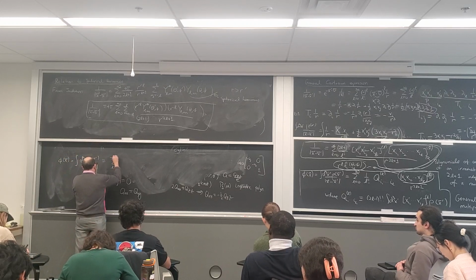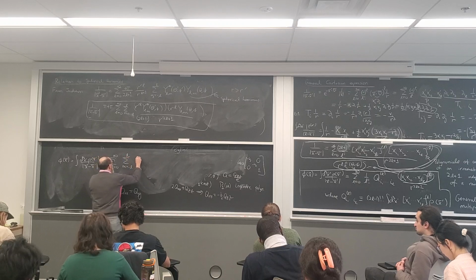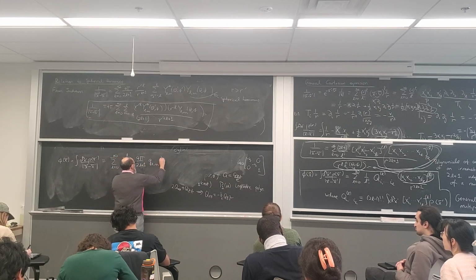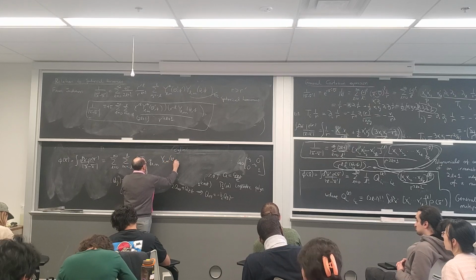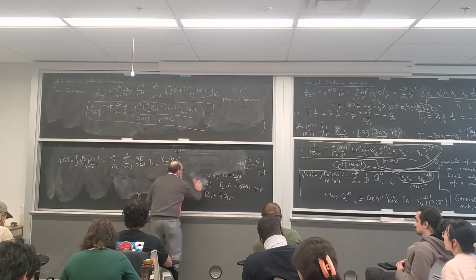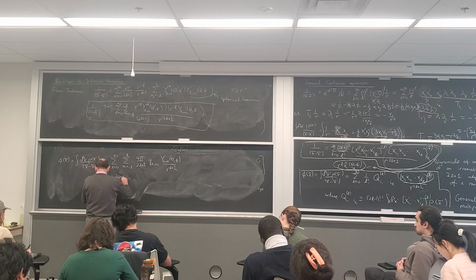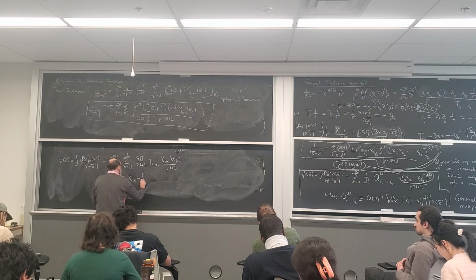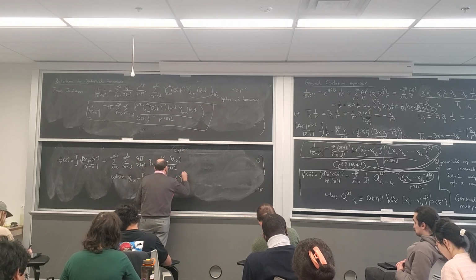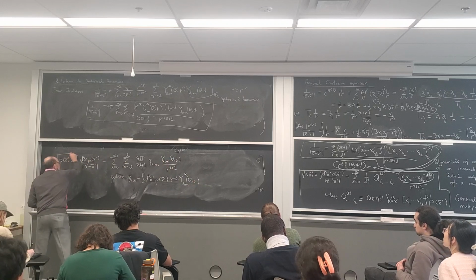The sum over L equals 0 to infinity, sum over M goes from minus L to L, 4 pi over 2L plus 1, QLM, YLM of theta and phi over R to the L plus 1, where QLM is defined as the integral over the charge distribution of R to the L, Y star LM, theta and phi. Let's just take a quick look at this and then we'll conclude.